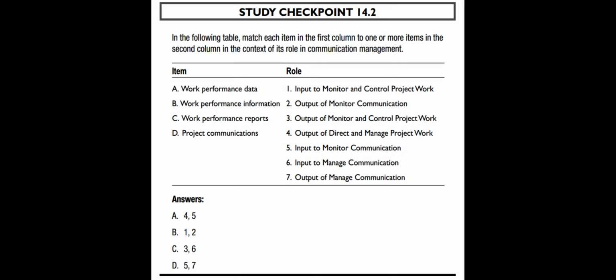Output of monitor communication. 3. Output of monitor and control project work. 4. Output of direct and manage project work. 5. Input to monitor communication. 6. Input to manage communication. 7. Output of manage communication.